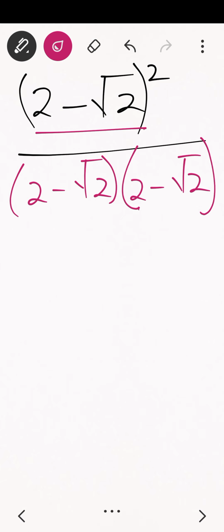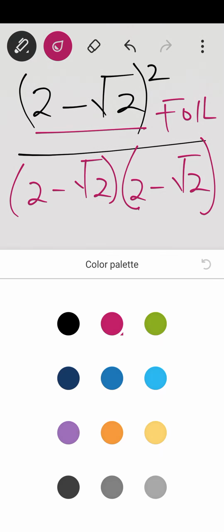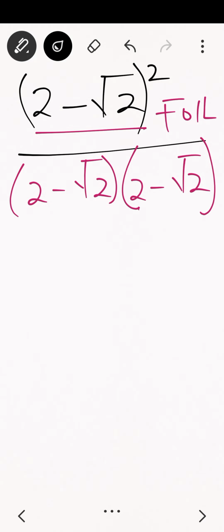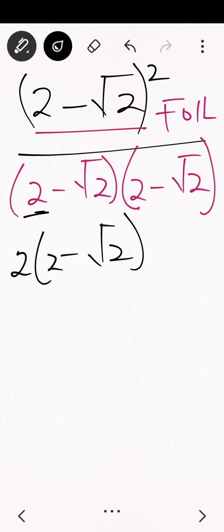At this level, you can decide to use what we call the FOIL method or the spread method. I remember we treated this in class. You people like the spread method. What we do is pick the first term in the first bracket, so we put 2, and that will multiply 2 minus root 2, that is the second bracket.